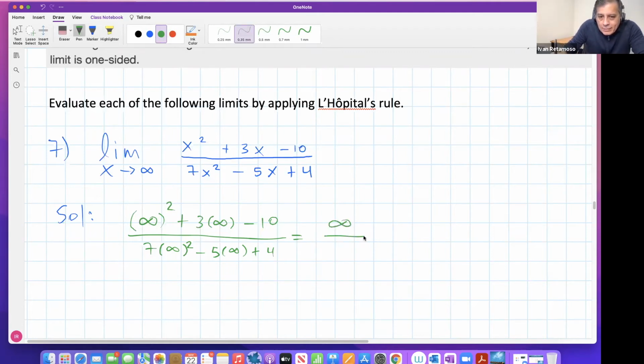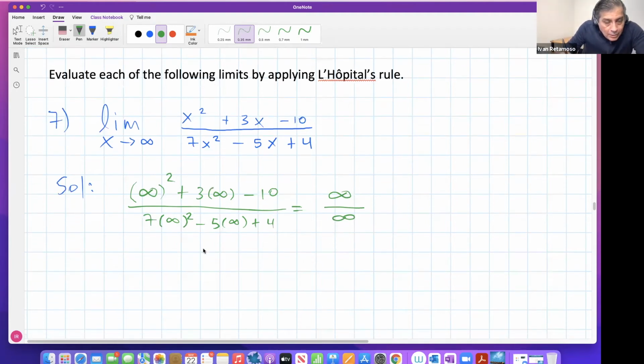Infinity at the top. On the bottom, again, infinity squared, huge number, infinity times 7 is still infinity. Here, minus 5 times infinity, but infinity squared swallows up this one, and in the end you get infinity as well, right? Great. So infinity over infinity.